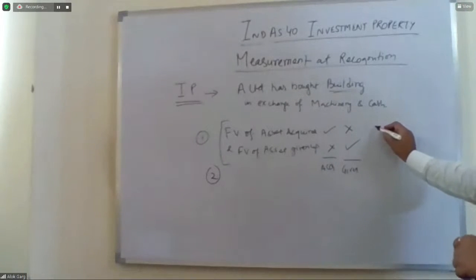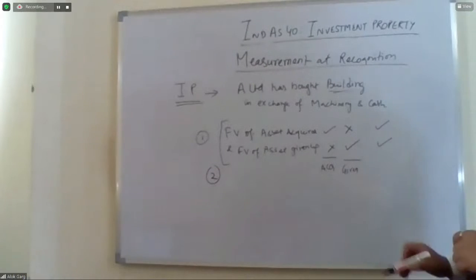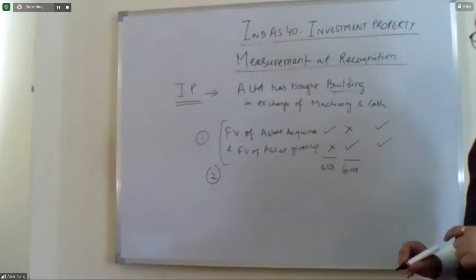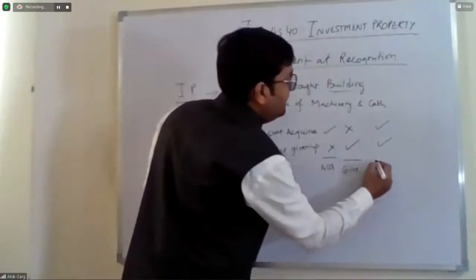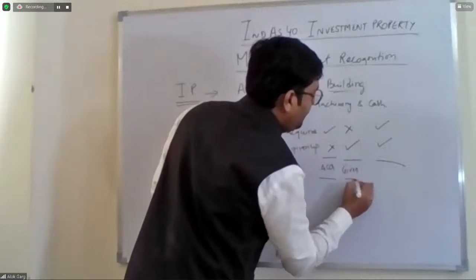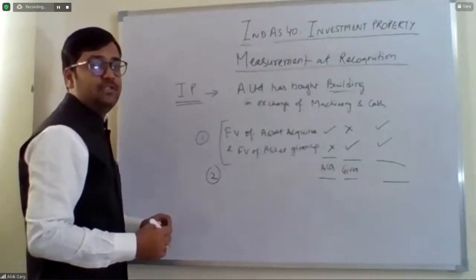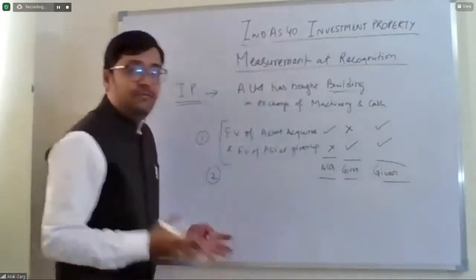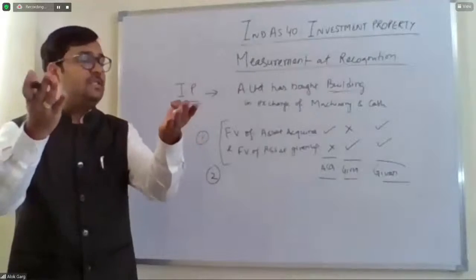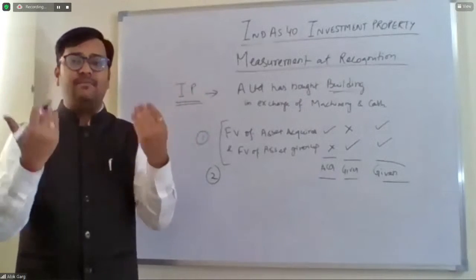But if the company is able to calculate the fair value of the asset acquired as well as the fair value of the asset given up, then the standard says that the most appropriate way is to recognize the transaction on the basis of the fair value of the asset given up, because this is something you are giving to acquire some asset.